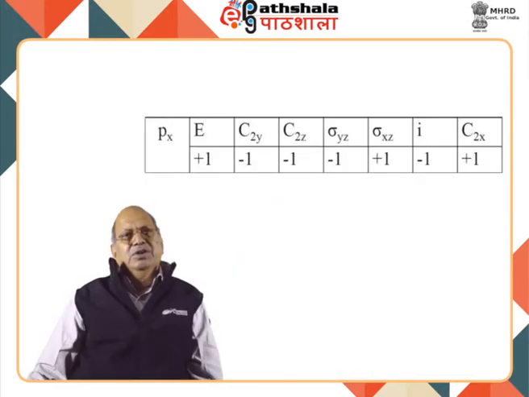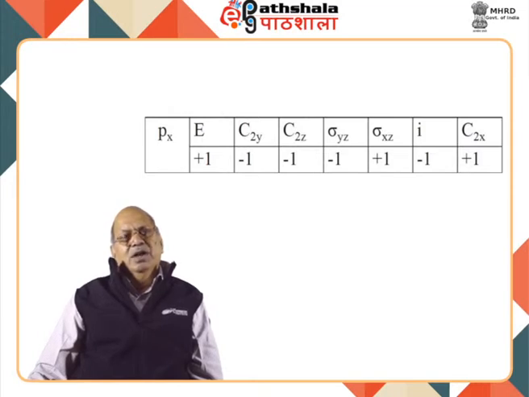That is, E gives me +1, C2y gives me -1, C2z gives me -1, sigma yz gives me -1, sigma xz gives me +1, and I gives -1, and C2x gives me +1.